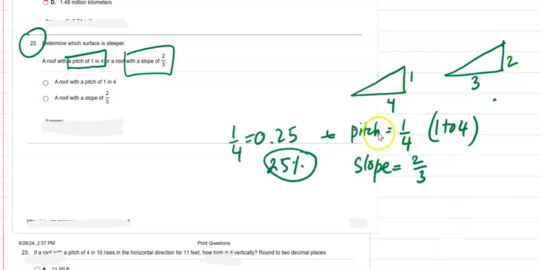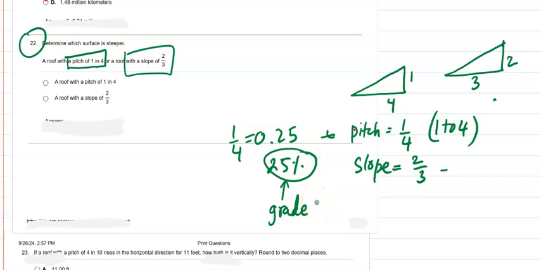And you can divide 1 by 4. You get 0.25, which is 25%. The 25% is the grade. So pretty much you can use pitch, slope, and grade interchangeably. They are pretty much the same thing.